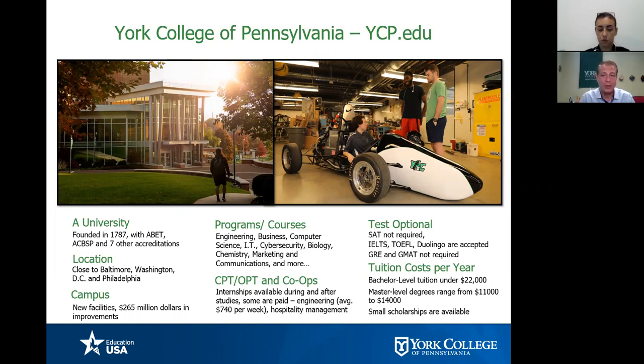We are located on the East Coast of the United States. We're close to Baltimore and Washington, D.C. and Philadelphia. We have a lot of new facilities, new residence halls, we have 2 engineering buildings, a lot of new amenities for students. We are known for our courses in engineering, business, computer science, biology.